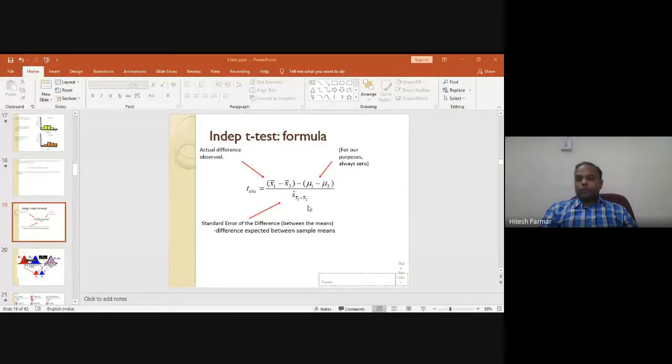The answer that we get is known as the t calculated. Similarly for the Shapiro-Wilk test, it is known as W calculated.